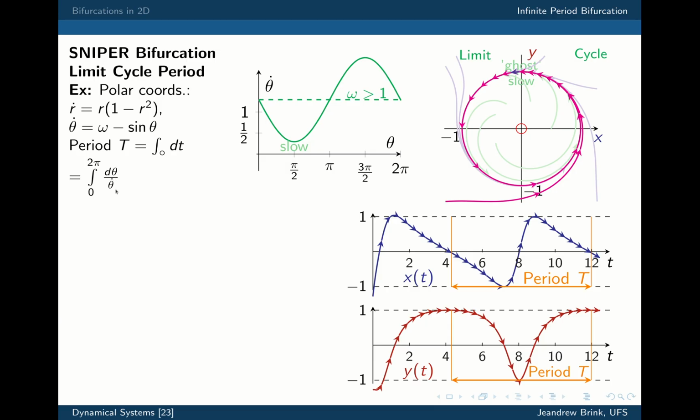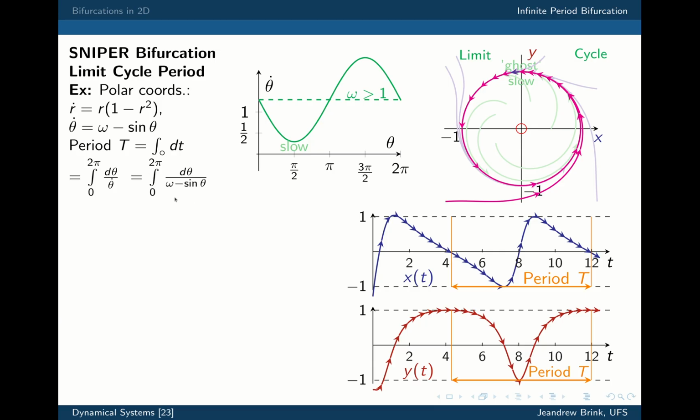And we know what theta dot is from the differential equation itself. So we have to work out this integral, and that will give us the period, the time it took to go right round the limit cycle.